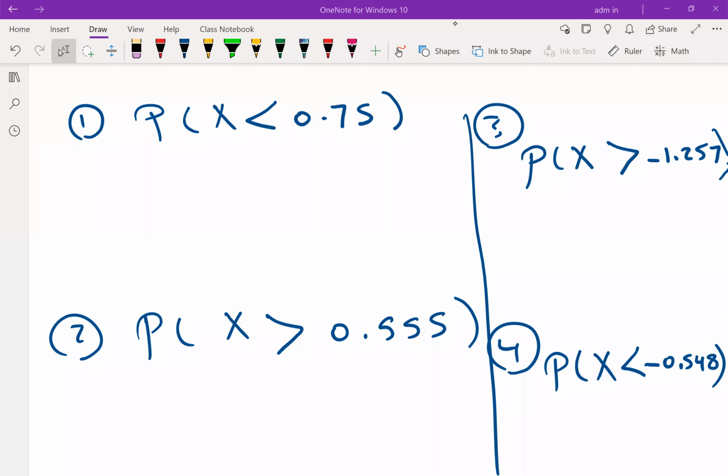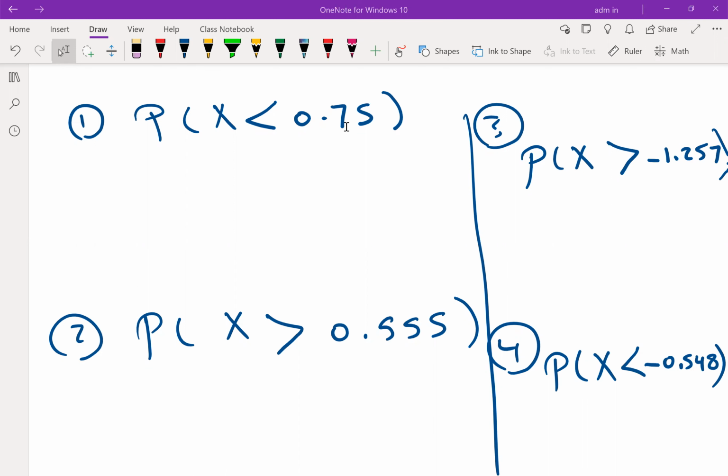Start. Probability of x less than 0.75. Did you get the answer?